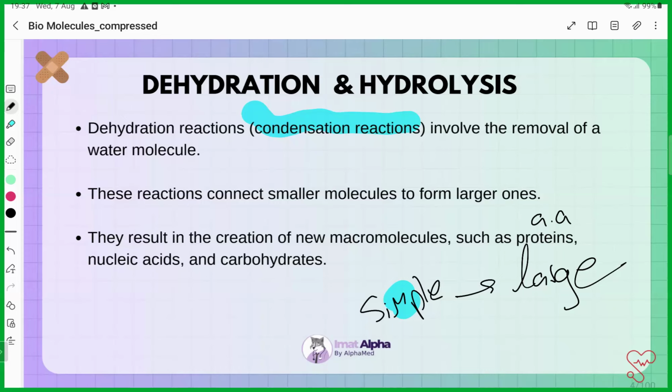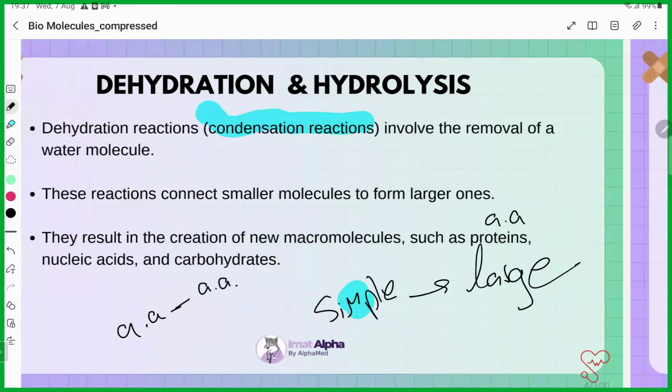So we have these small units, let's say the amino acids or the glucose molecules in the carbohydrate, bonded together by dehydration reaction or condensation reaction.